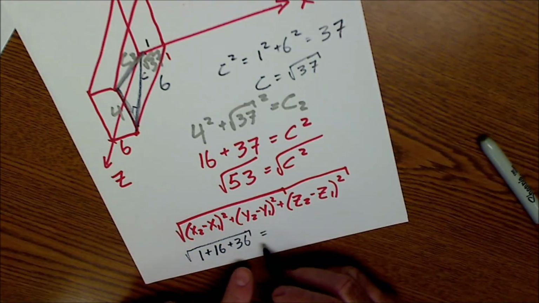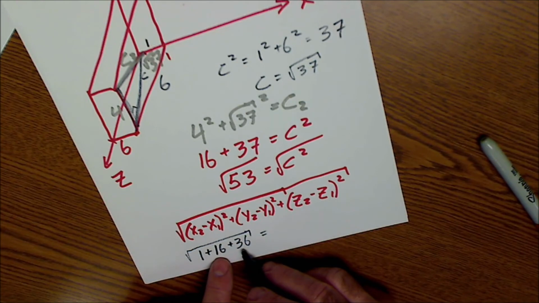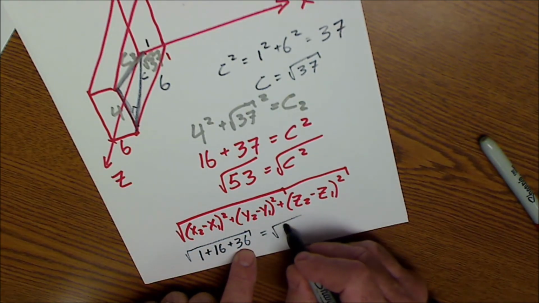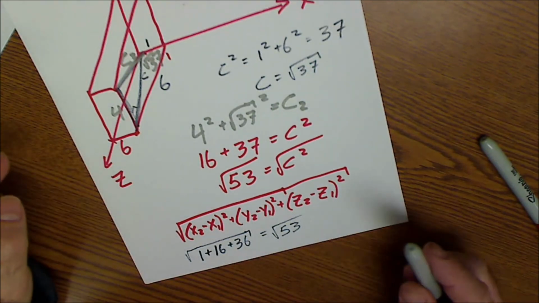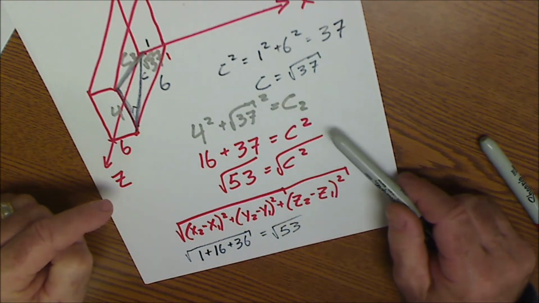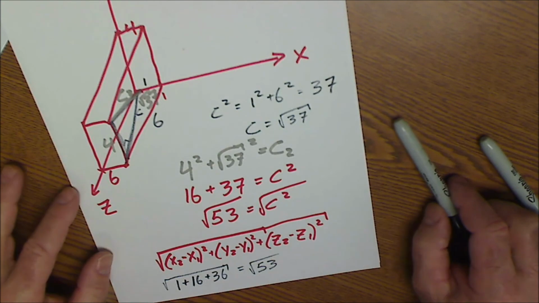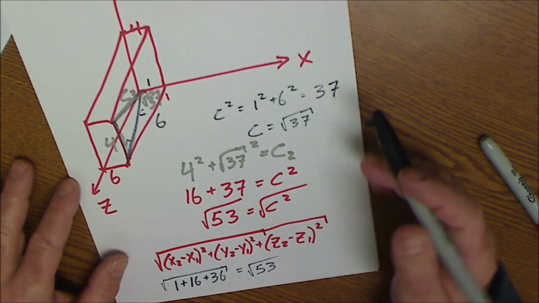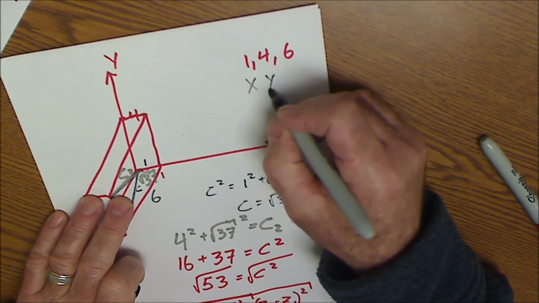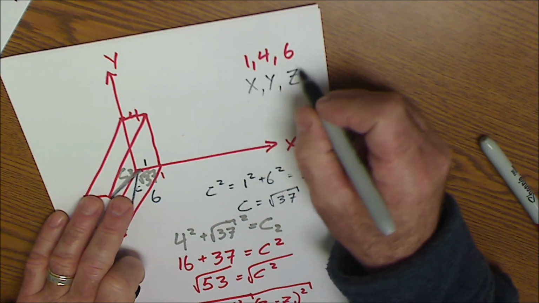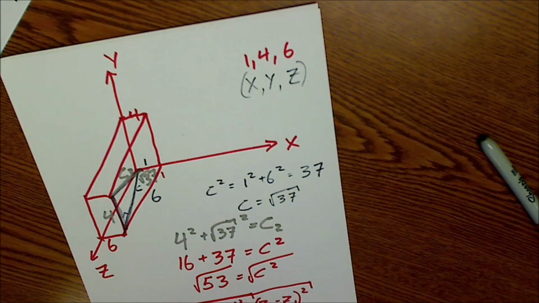And it would be the same, square root of 53. So the Pythagorean theorem works in 2 dimensions or 3 dimensions. The distance formula correspondingly is kind of the same for both. You're just adding a third coordinate, x, y, z. So now we're adding a third coordinate, z, in three-dimensional space.